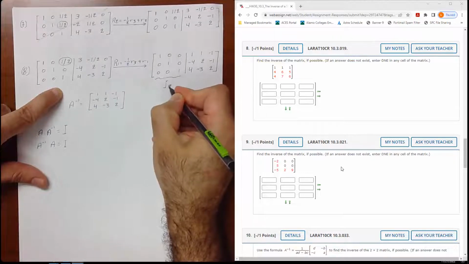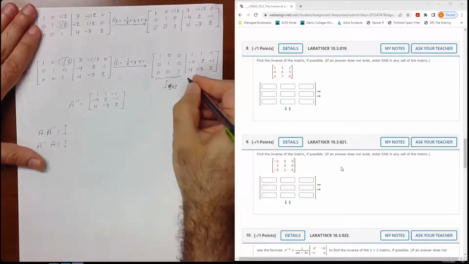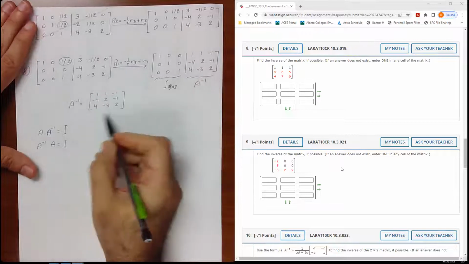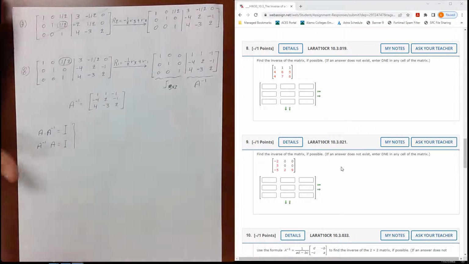Let's say just identity 3 times 3. And here is our matrix, which is the inverse. The inverse matrix is going to be here. Again, if you want to check, you have to multiply the inverse by the original matrix, and you get the identity. And the same thing for the original matrix times the inverse, it is going to be the identity.